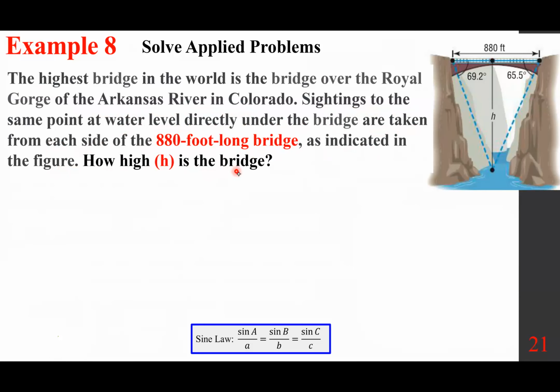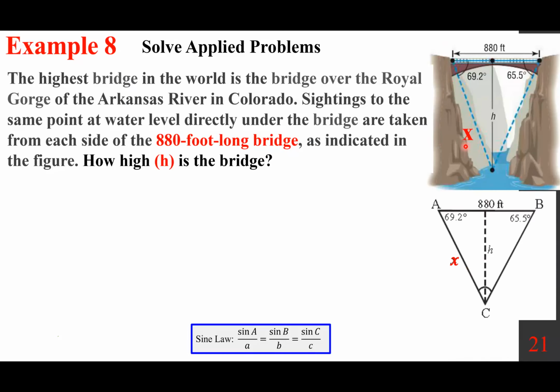All right, so here's the setting. We have this distance, we have these two angles. We are going to call this distance x. We're going to draw this triangle. It makes it easier to follow it here, class.